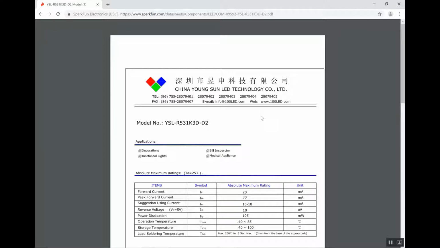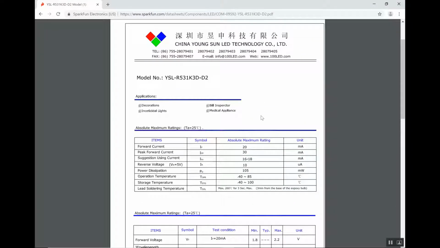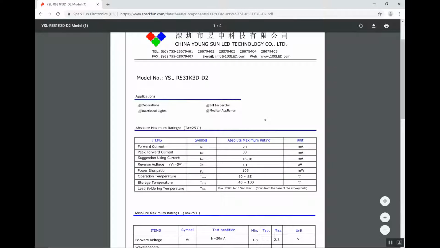And the data sheet has a bunch of parameters for this LED. One of the things you need to be able to do is to look at an LED data sheet and pull out the information that's essential for designing a circuit with a current limiting resistor that'll make this LED work. All right, so the things that are important here are the stuff that's contained in this table, absolute maximum ratings.